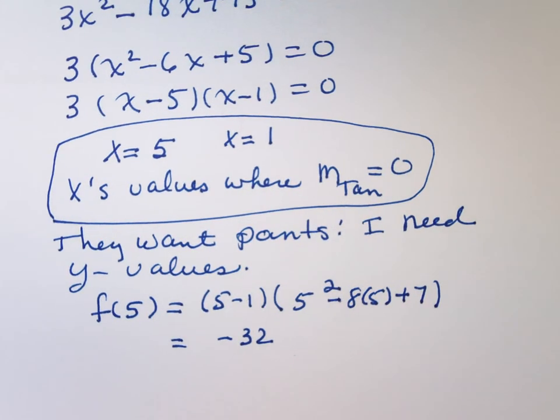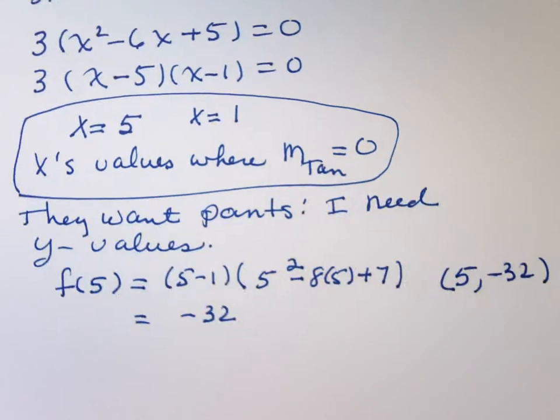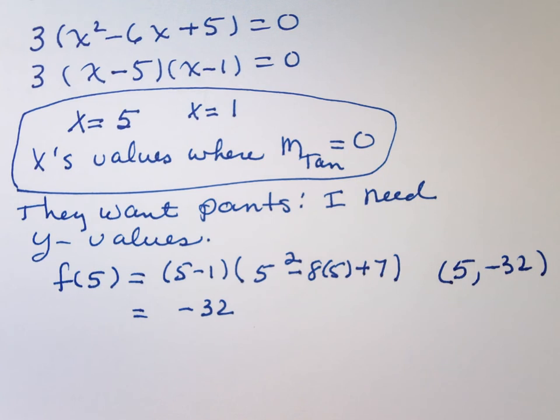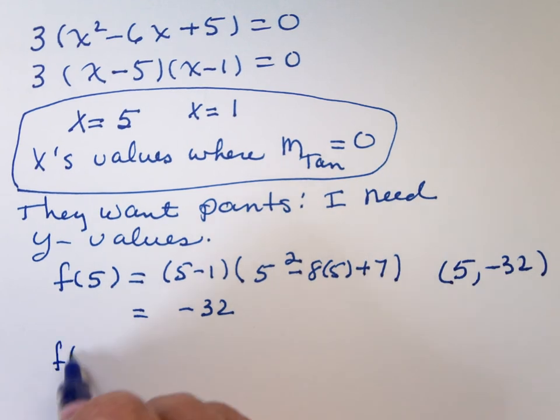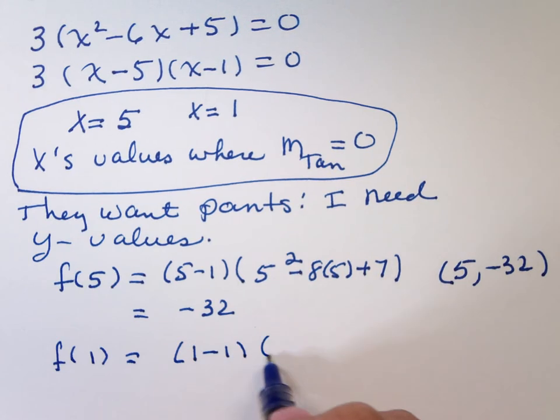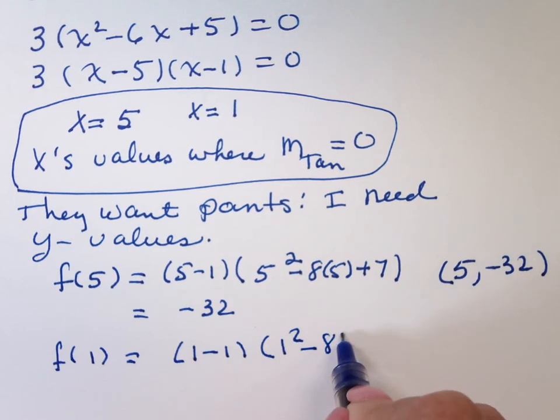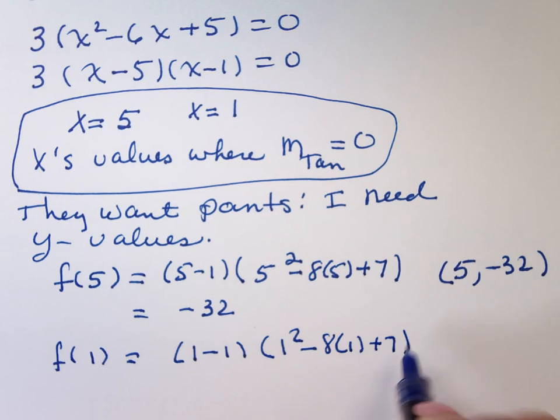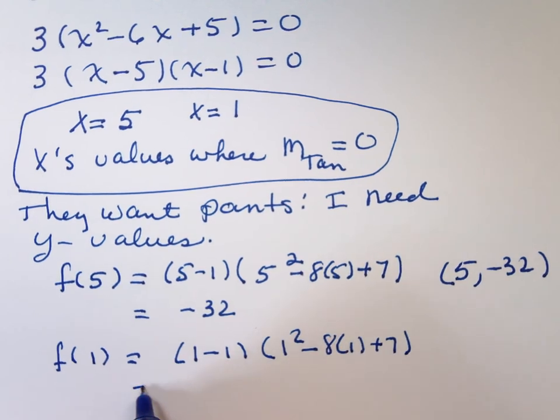So the point is 5, negative 32. And then I need to calculate out f of 1. This was my favorite. It's 1 minus 1 times 1 squared minus 8 times 1 plus 7. Well, this is 0 times whatever anything is. So it's 0.